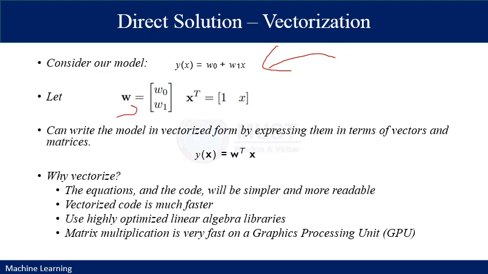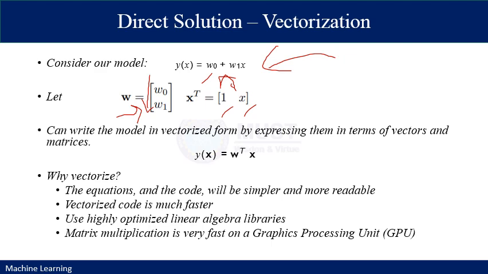Let's say we have two weights, in this case the bias and weight 1, and we have the input feature vector x. So we will have w1 and x0, which is represented as 1, and x1 represented as x. In machine learning, vectors are often represented as column vectors, which are two-dimensional arrays with a single column.